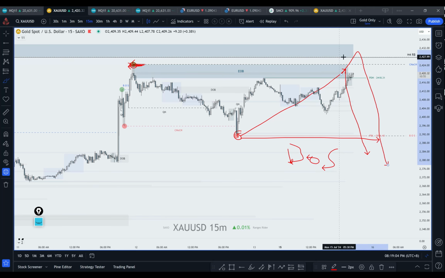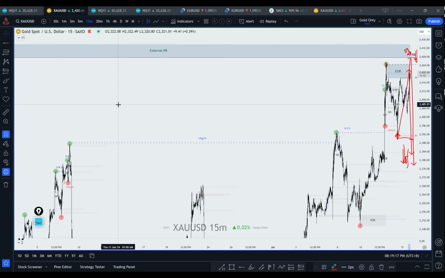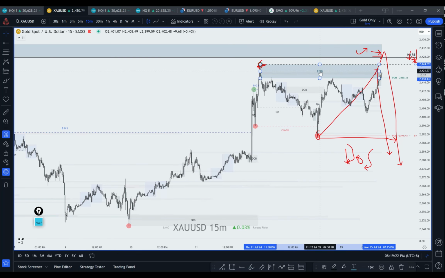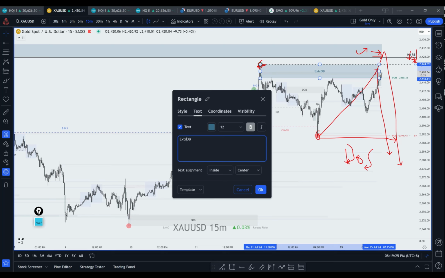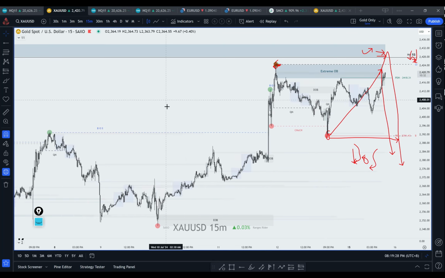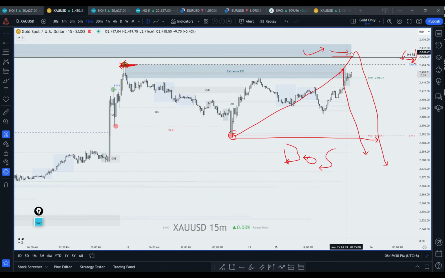This zone is exactly the H4 order block, I mean the H4 rejection block, so keep an eye on this zone as well. So whenever you draw, you always have the extreme order block and the external order block. And even if the price clears this high, it doesn't mean that you are going long. You are still looking for short into this zone.